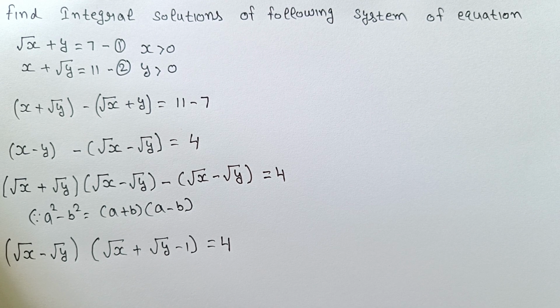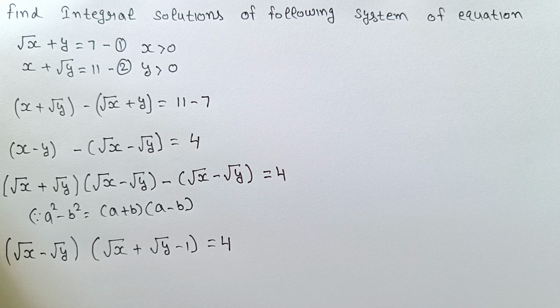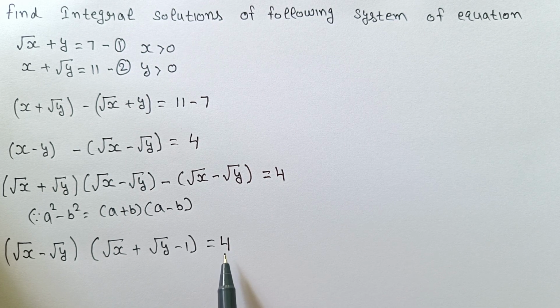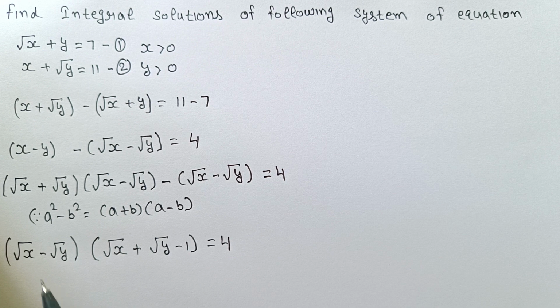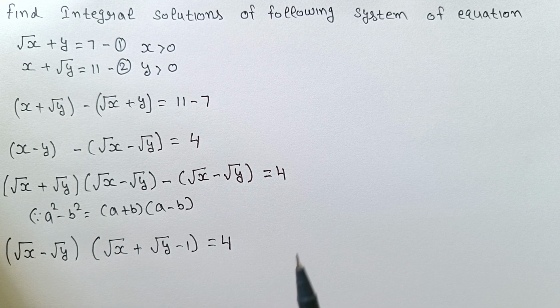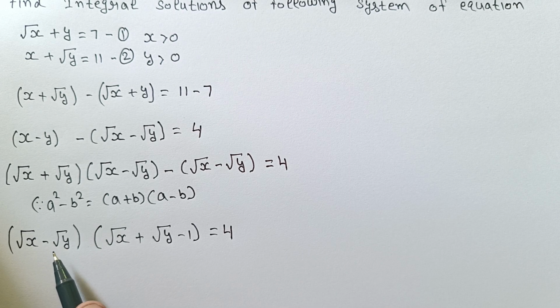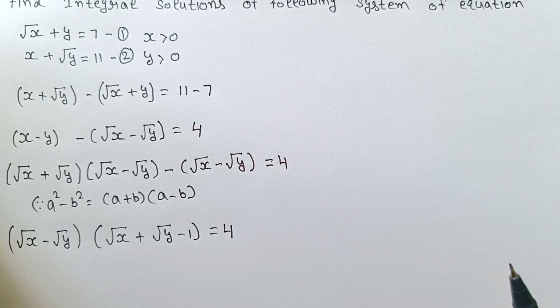And now there is an interesting concept behind it. Here is a 4 and we need only integral solutions. So this 4 can be written as a product of two integers. That means this value must be an integer and this value must be an integer.